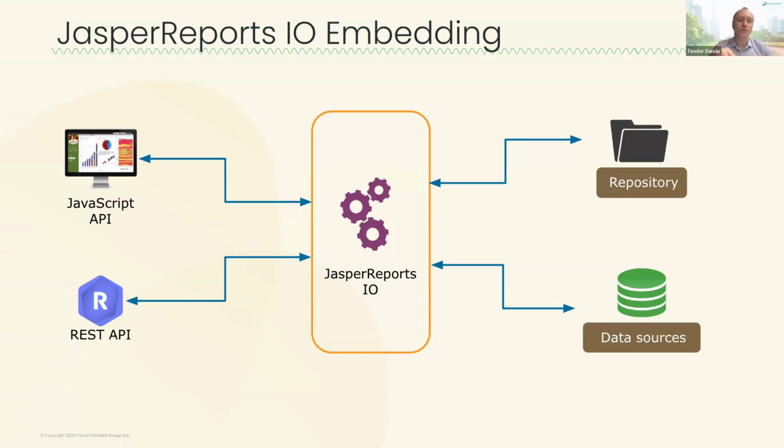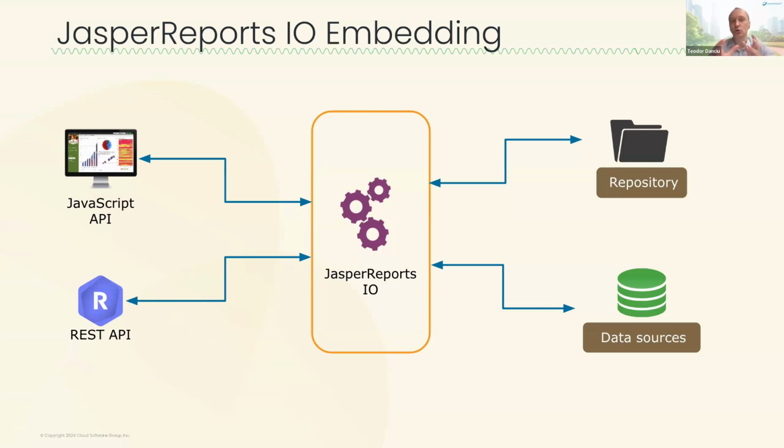Now, in terms of how this black box reporting service works behind the scenes, well, it's up to it to go fetch the data. I mean, it connects to the data that is used for reporting on its own. Usually, this is the typical scenario because the reports have, for example, SQL queries in them. And it's the reporting engine behind the scenes that executes those queries and fetches data and mixes them with the report templates and the other resources that are placed into this repository, where you have your report templates, sub-reports, images, fonts, and style sheets, and everything that makes up those rich documents that have to be generated and delivered to the client that made the request.